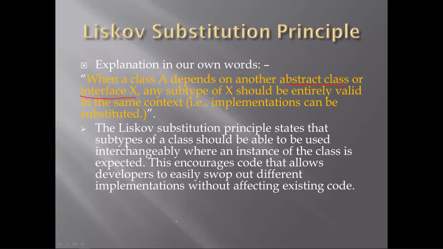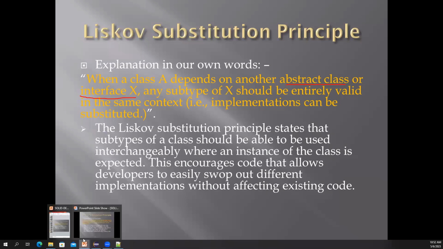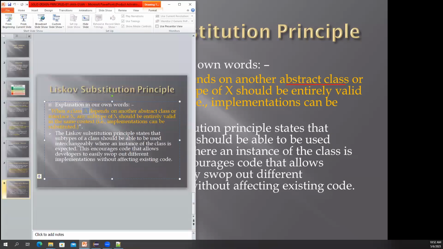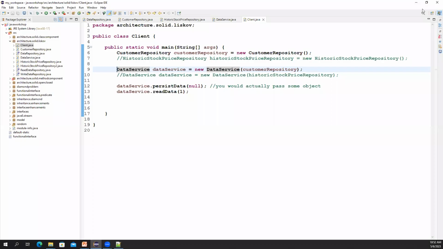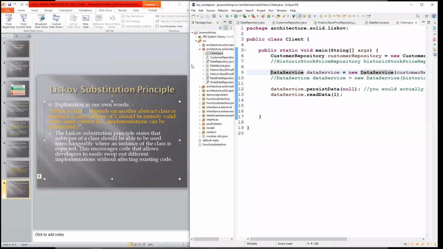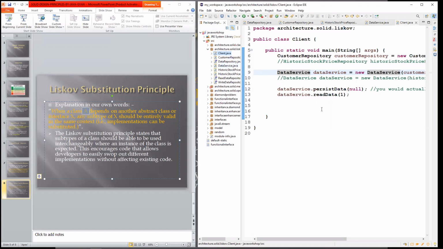So let's try to understand it through an example. I will open the slide and my Eclipse both in parallel. Initially I will create some classes and interfaces, though I have already created them to save some time.